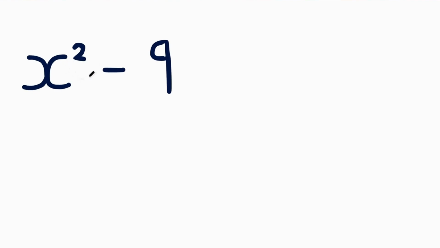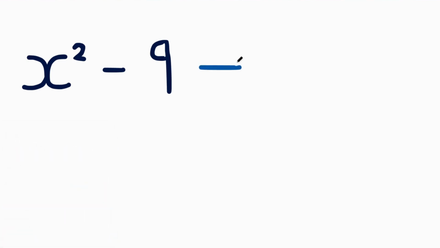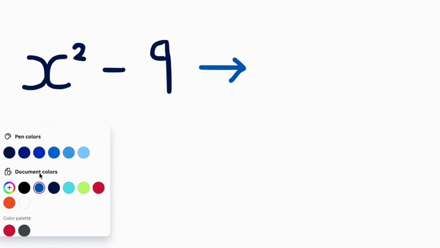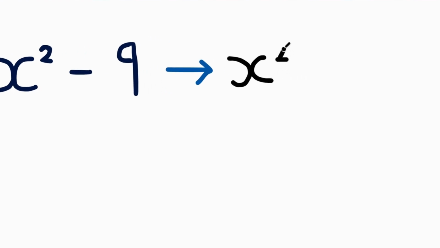The first thing is identifying that 9 is a square number, and that you can rewrite this as x squared minus 3 squared. That's the hardest part here, because after that, it's simply just applying the rule.